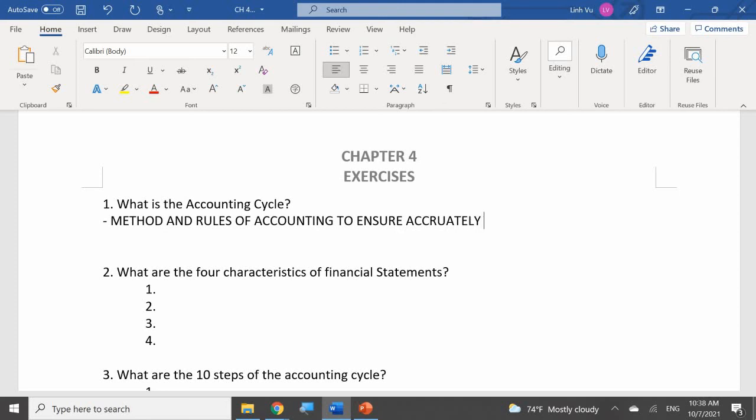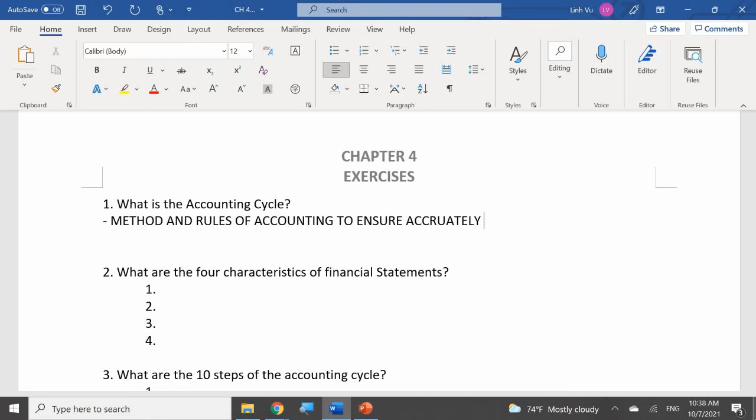Is it safe to just think about it as recording and processing? That is the definition of accounting. In this case, it's like an actual step to ensure accuracy of accountings and to ultimately create financial statements.